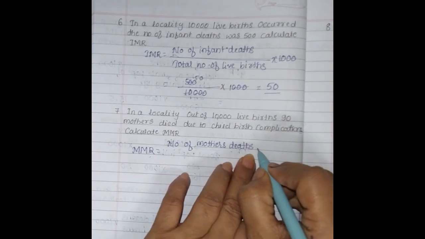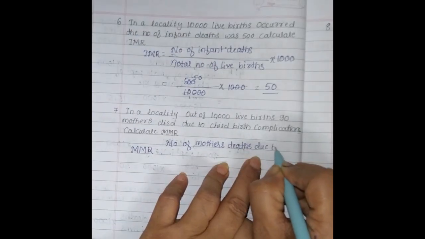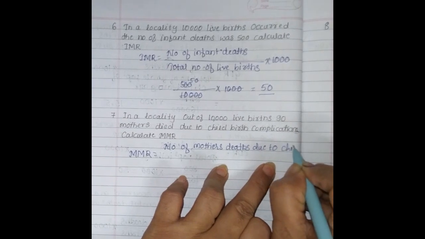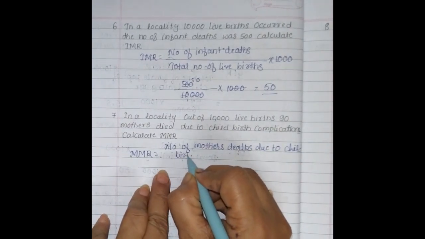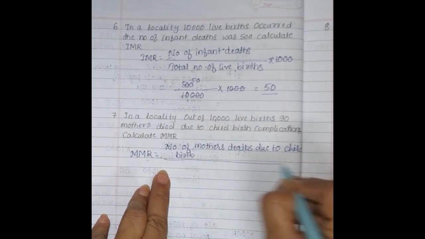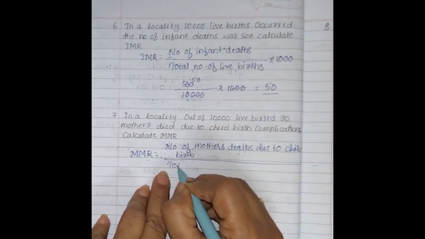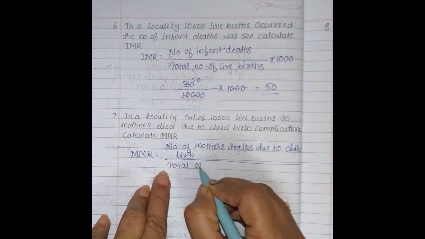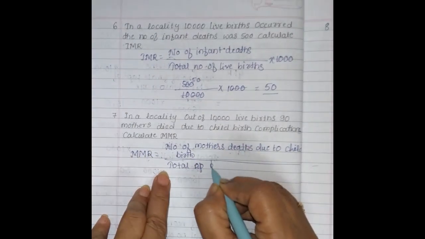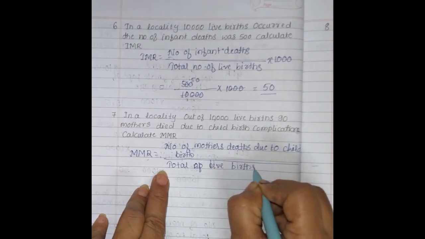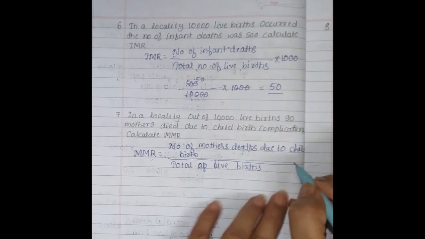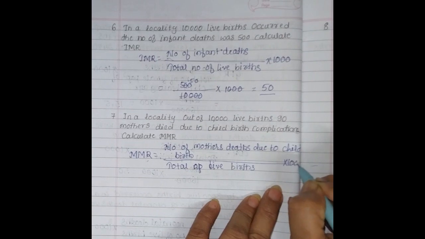Due to child birth divided by total number of live births into, this is also calculated per 1000 only.